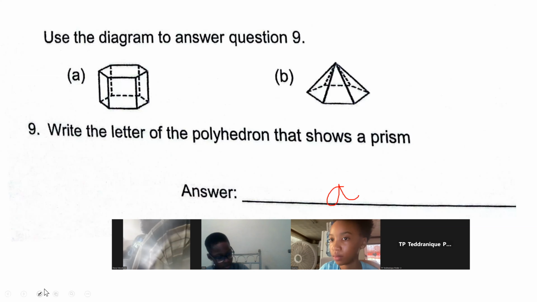Ariana, which one of these shapes is a prism? A. Why is A a prism and not B?